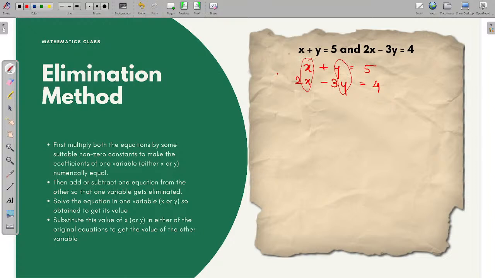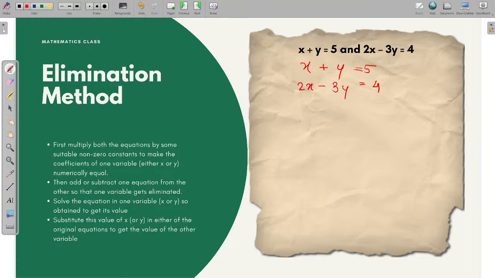If you have to match the coefficient of x, you'll have to multiply here by 2, or if you have to match the coefficient of y, you will have to multiply the equation by 3, right? So yeah, it's just easy. Now you just have to choose. Let's just go with y. I'll tell you the reason why I went with y.